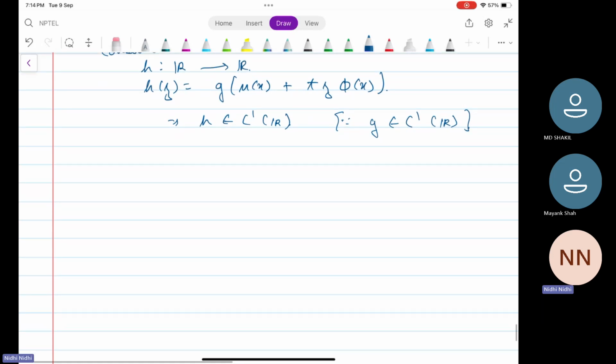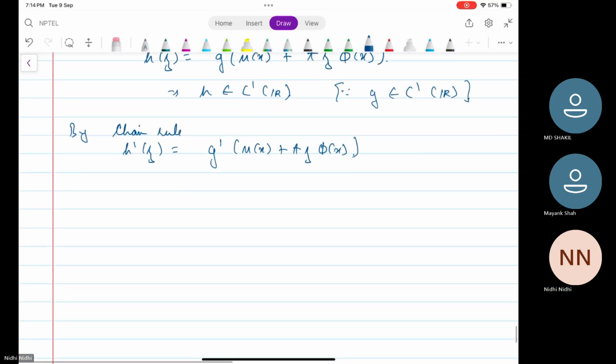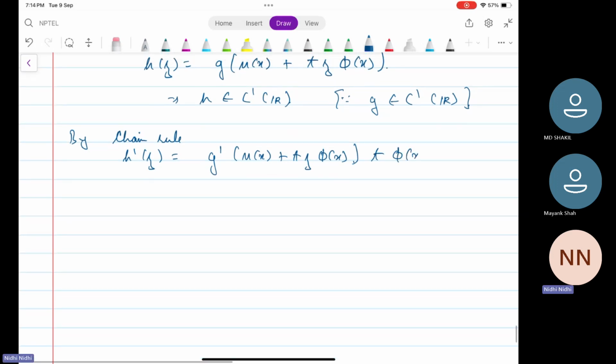Now, by chain rule, for every real z, we have h dash at point z equal to g dash at u x plus t z phi x, times t phi x.